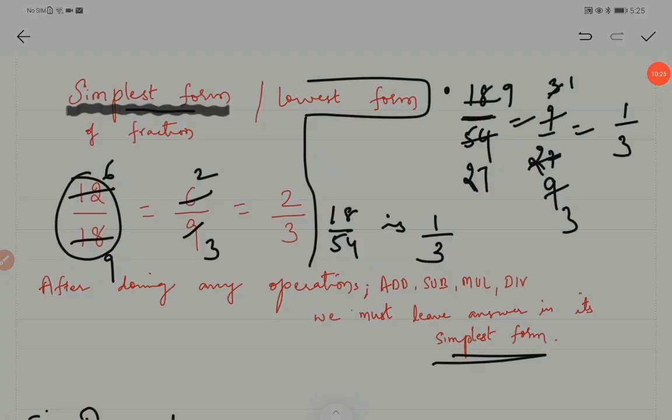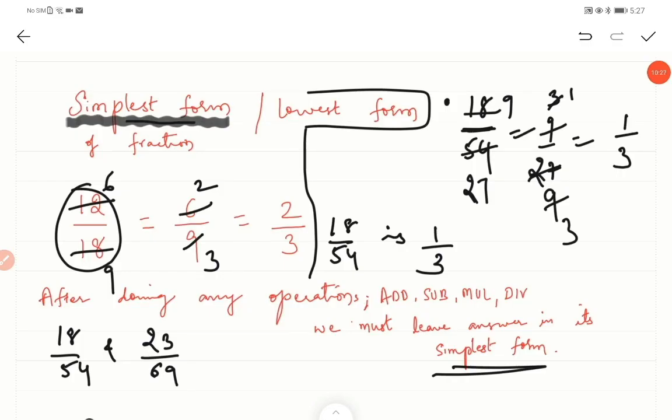Alright. Okay, I'll take one more example. See, we took 18 by 54 here and we got 1 by 3, isn't it? So, this pair, 18 by 54 and 23 by 69, are they equal? Can you determine whether these fractions are equal? See, for 18 by 54, it is 1 by 3 in the simplest form, isn't it?